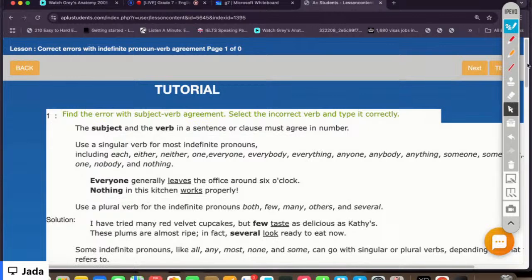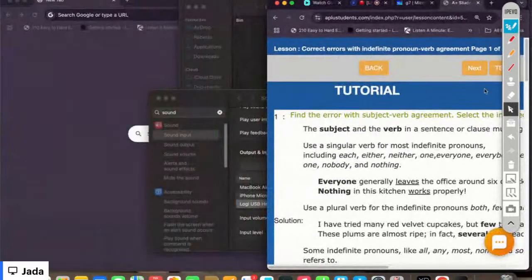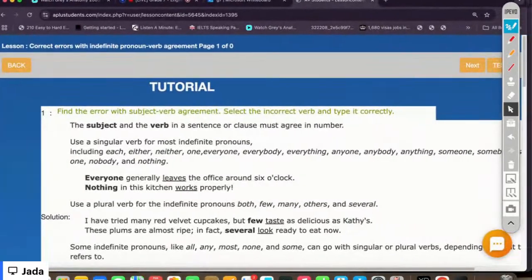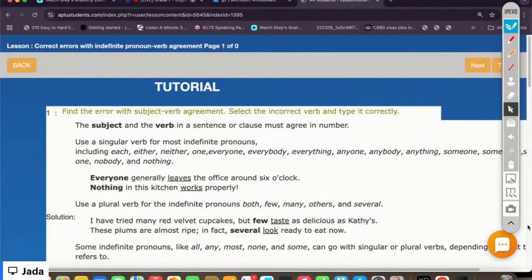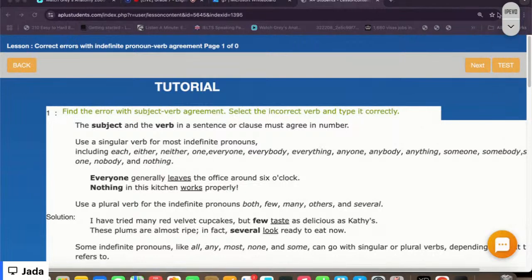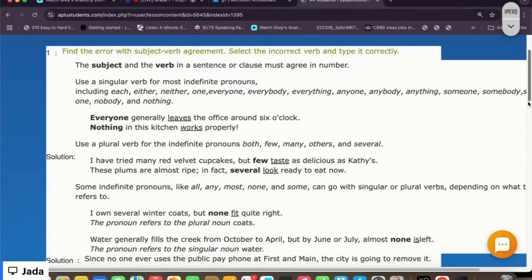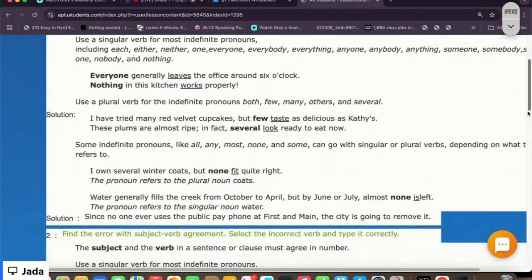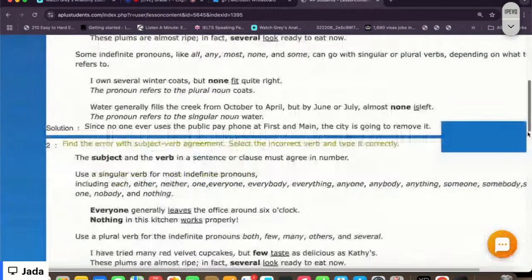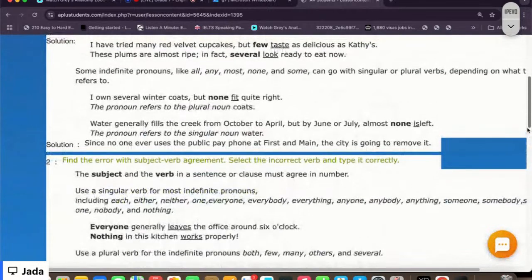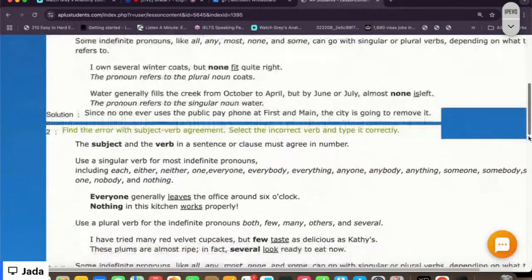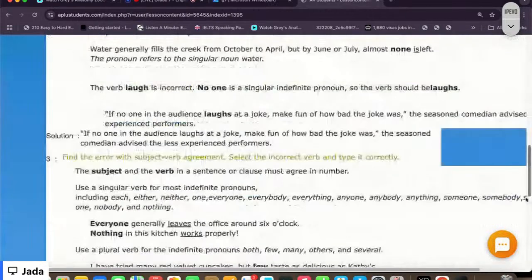All right, so moving on to this one, the one with the indefinite pronouns. So we have, let's look at some questions.